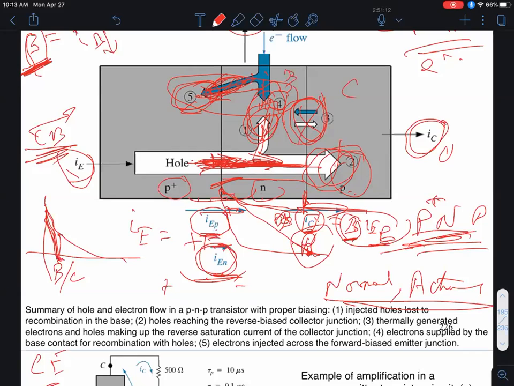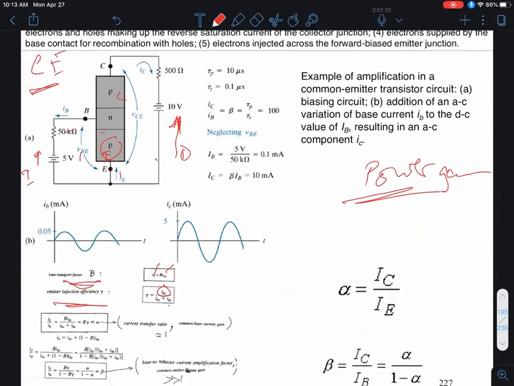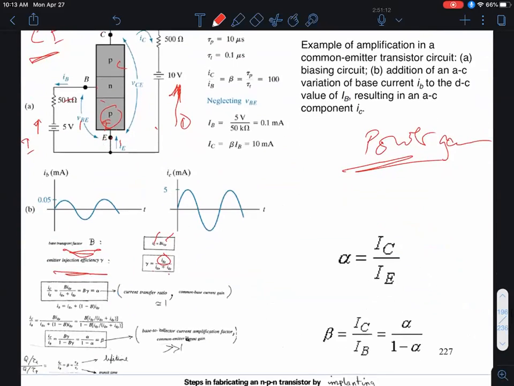What is the total emitter current? Well, it's IEP plus IEN. But the good part of the emitter current is only IEP. So that's why I define the so-called emitter injection efficiency as the ratio of this good current, IEP, which can contribute to the output IC, over the total emitter current, IEP plus the back injected electron part.